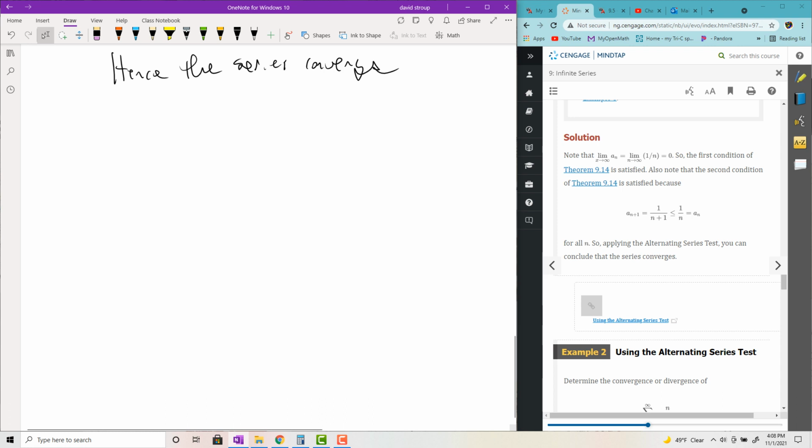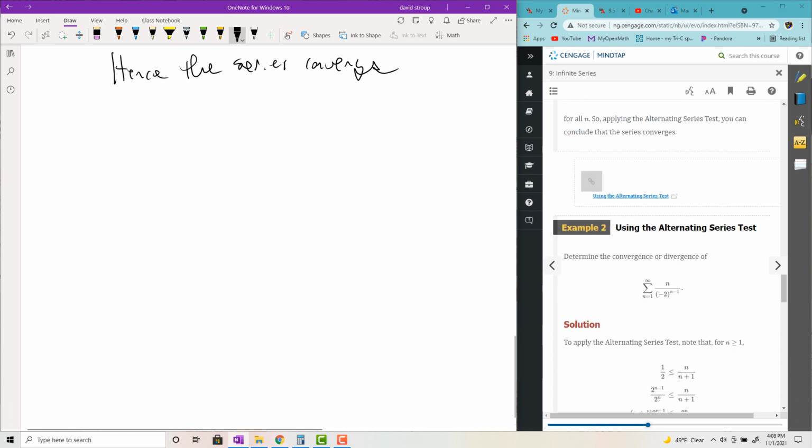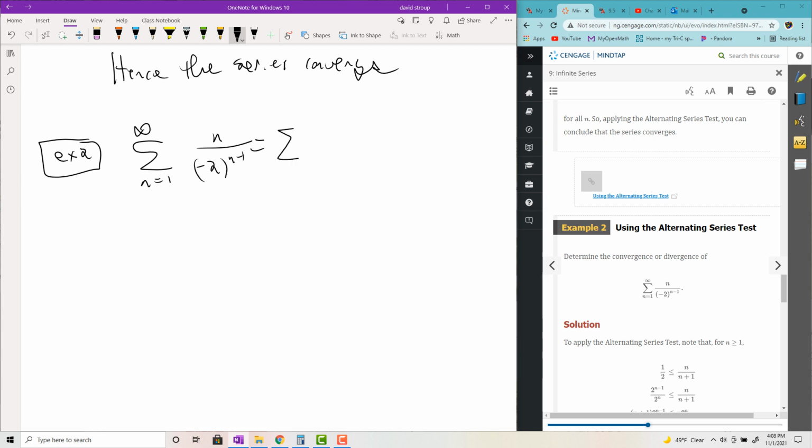Okay, let's look at example 2. The series, n equals 1 to infinity, of n all over negative 2 to the n minus 1. The a sub n portion is not clear, but you can rewrite this expression as n all over negative 1 to the n minus 1 times 2 to the n minus 1, because of the product to a power rule.